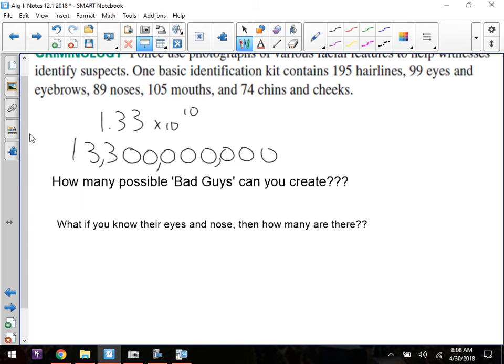So it was eyes and eyebrows. They come together. They're a package deal, yes. So you're just at 195. So what do you get now? Much smaller number?